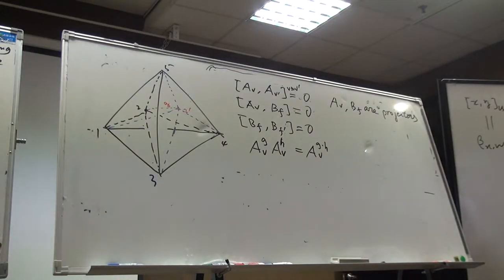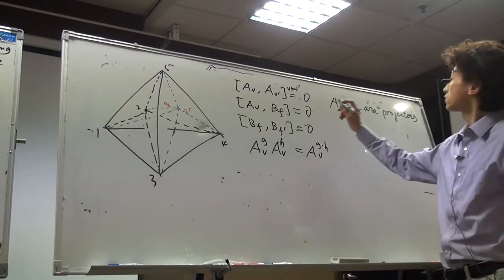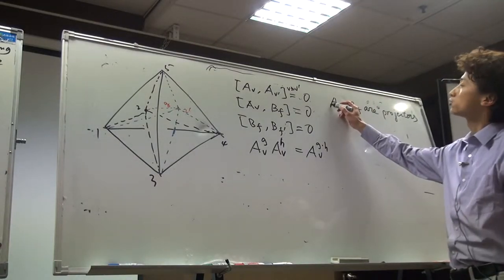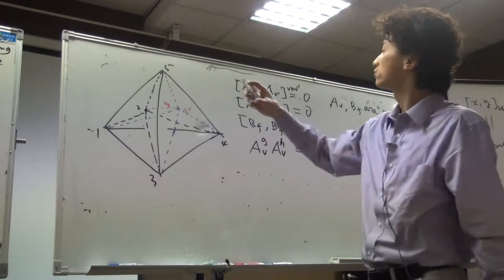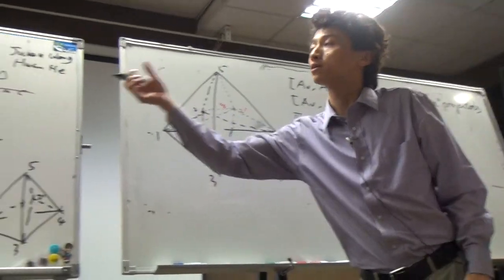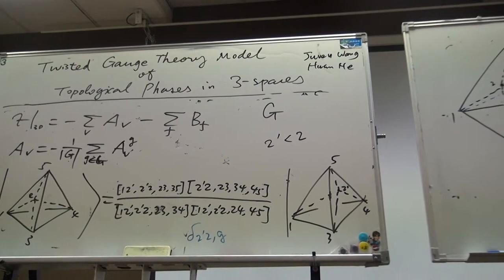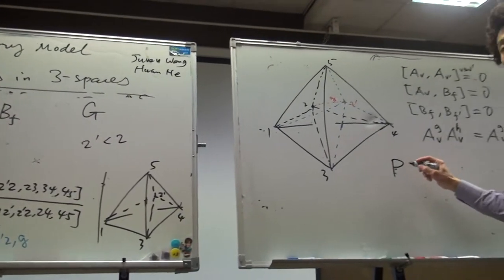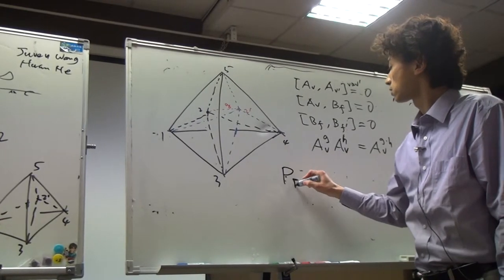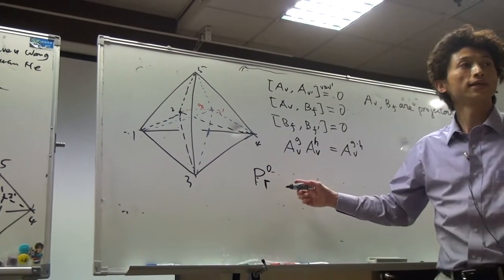So, having explained what the ground states should look like according to these commutative projectors, we can construct the so-called ground state projector. Let's call this lattice gamma.